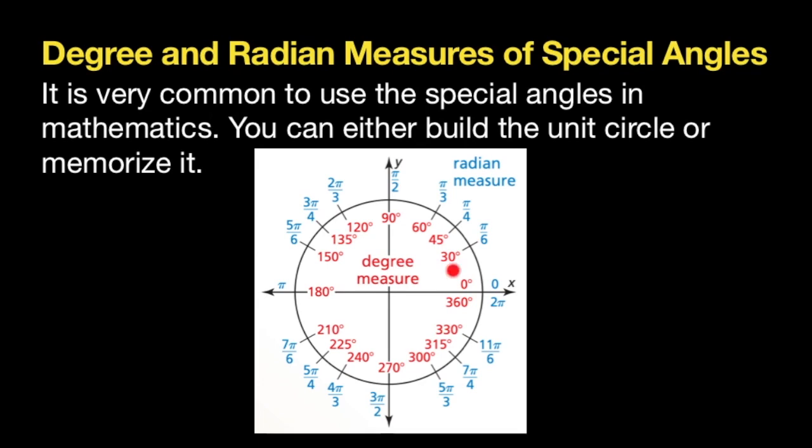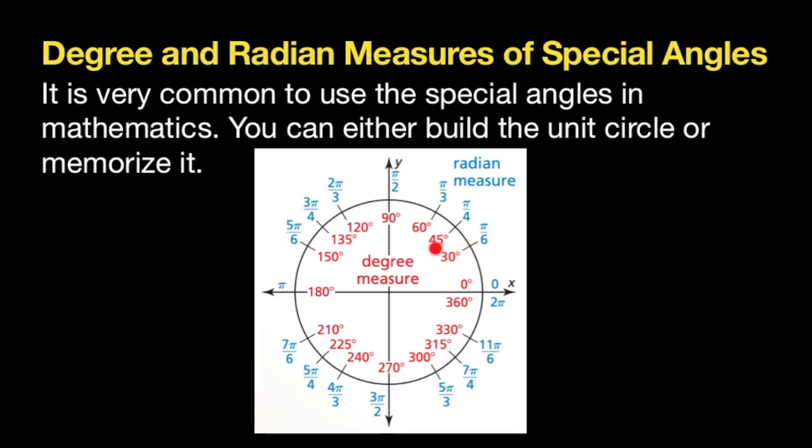If you were to, again, change anything like this into radians, or if you were able to change those radians into degrees, you're going to get the same numbers. You are able to build it if you know the formulas, or you can just memorize it. And you can see that there's a pattern.